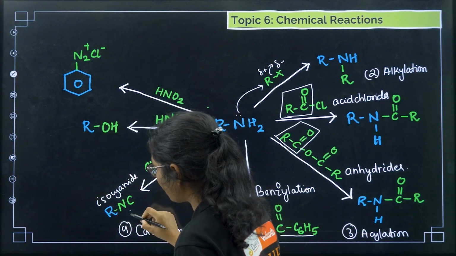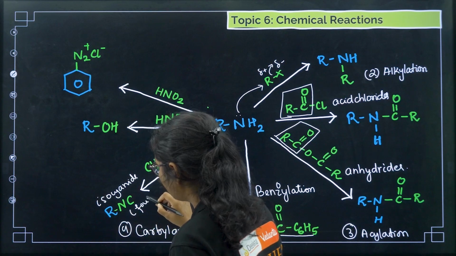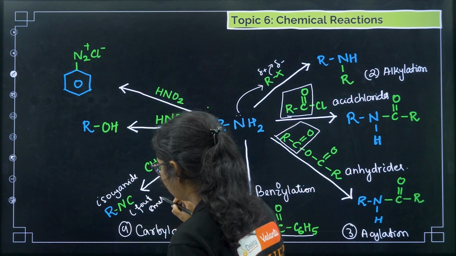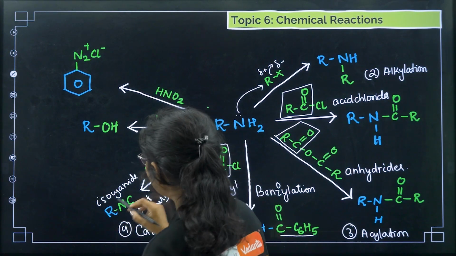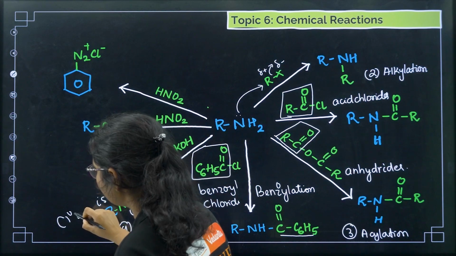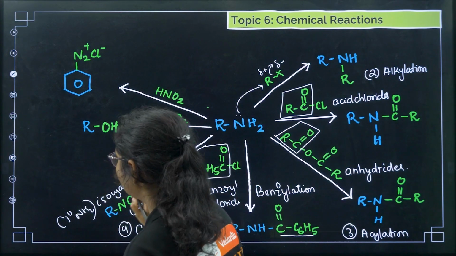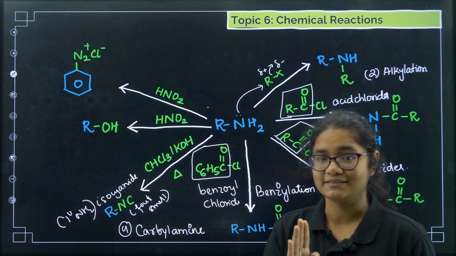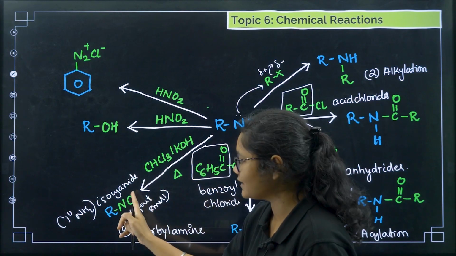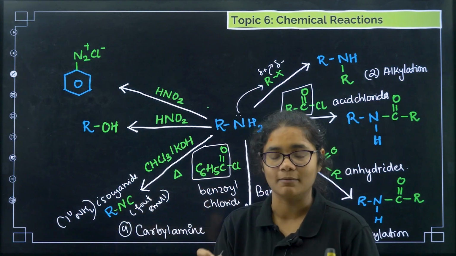This isocyanide compound has a foul smell. One more important thing, only primary amines can react here. Only primary amines can react with CHCl3 and KOH to give you isocyanide. That is called your carbylamine test.